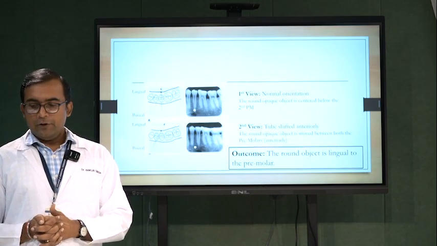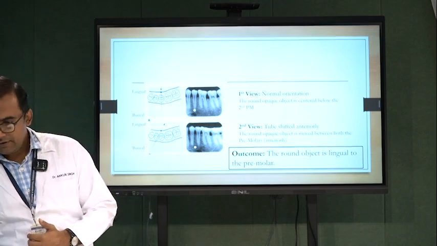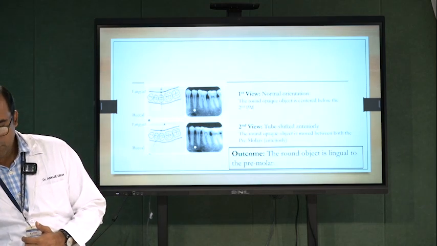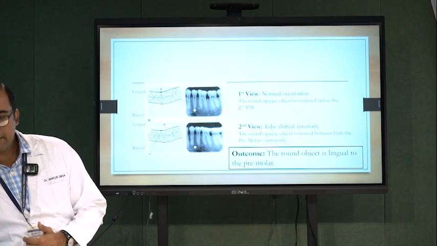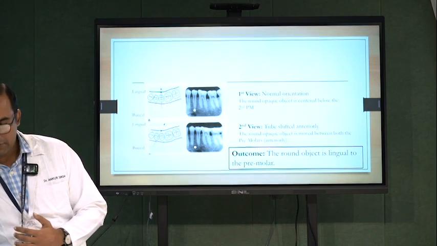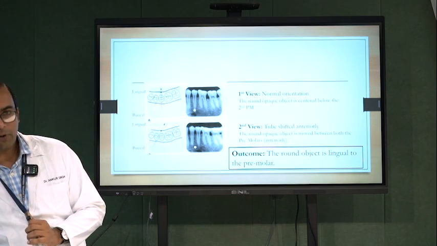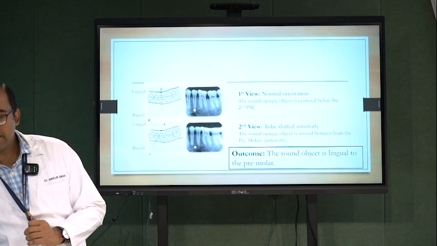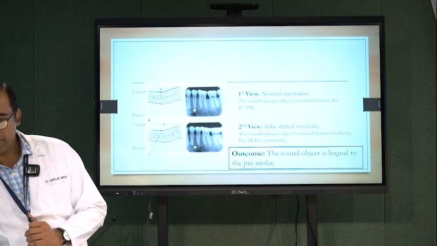Taking that into consideration, in the first image, the top one, the black object is lingual to the second premolar. In the routine or normal orientation, the object appears exactly periapical to the second premolar.